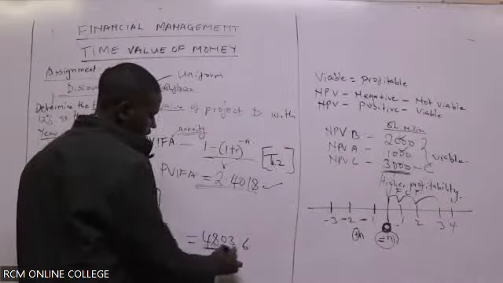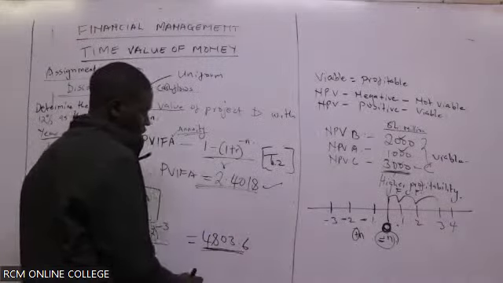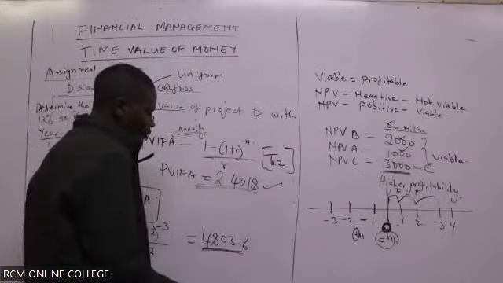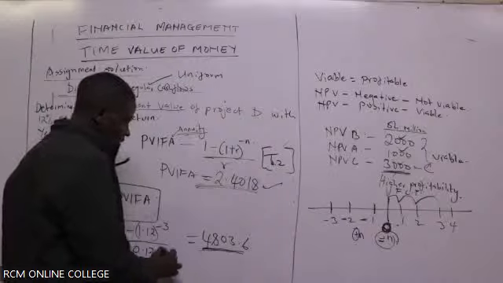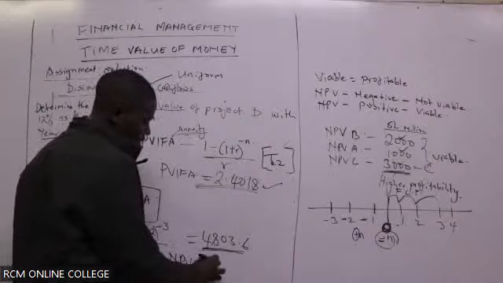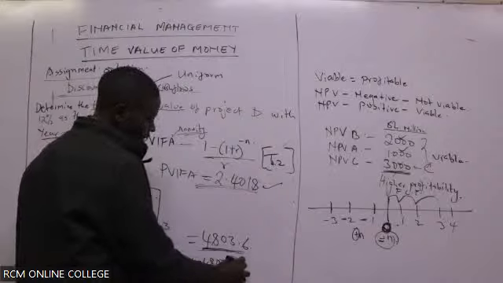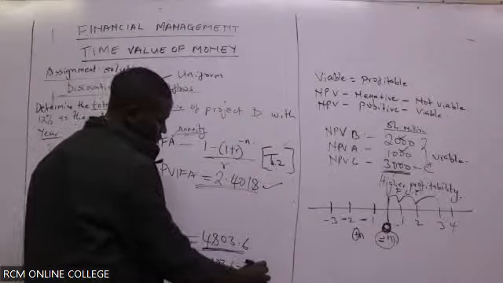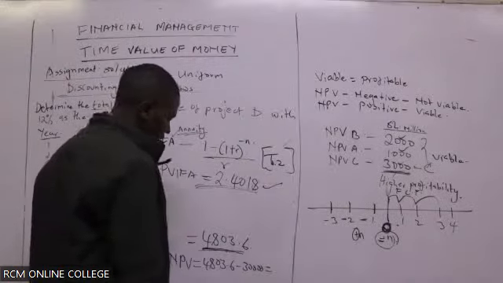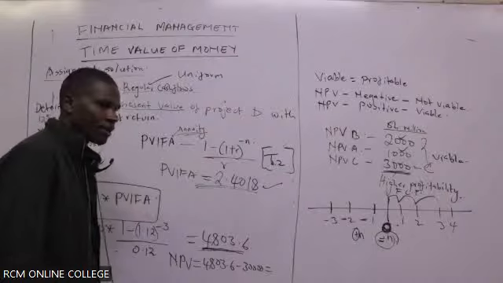So assume that still we had an initial outlay of 30,000. What will be the NPV? NPV will be 4803.6 minus 30,000. So how much do we get? Give me the NPV as we go for a short break of 5 minutes.